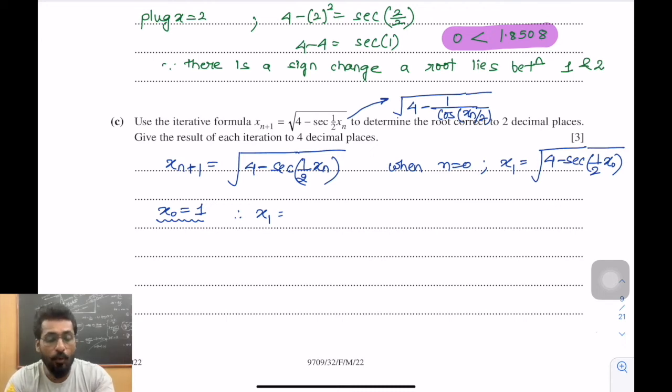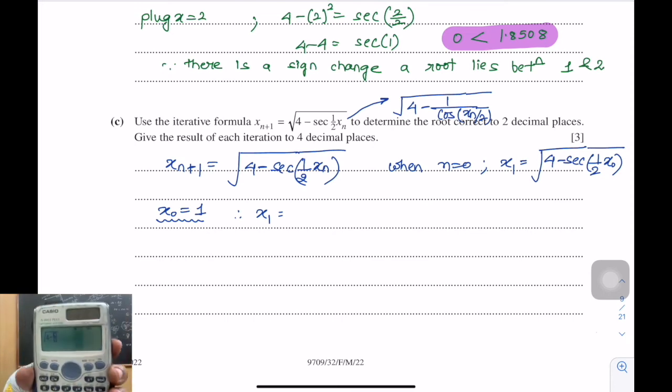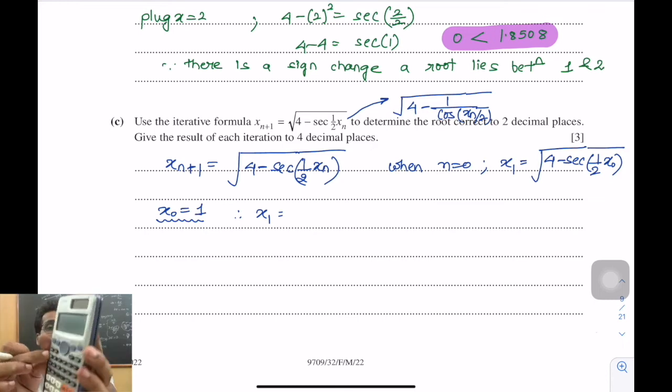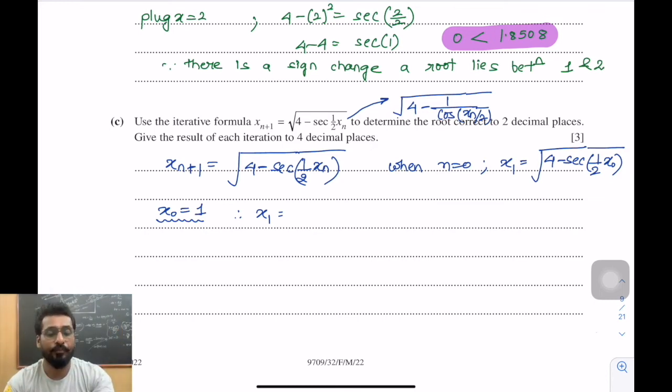So I'm going to write 4, then a negative sign, then 1 over. So I'm going to use the fraction key, the box upon box. In the numerator you enter 1, and in the denominator you enter cos, and then xn upon 2.